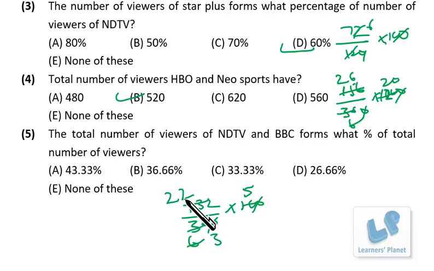So that comes to 110 by 3. 36 into 3 is 108, right? So it will be a bit more than 36%. Since we have 110, so it will be a bit more than 36%. Okay.